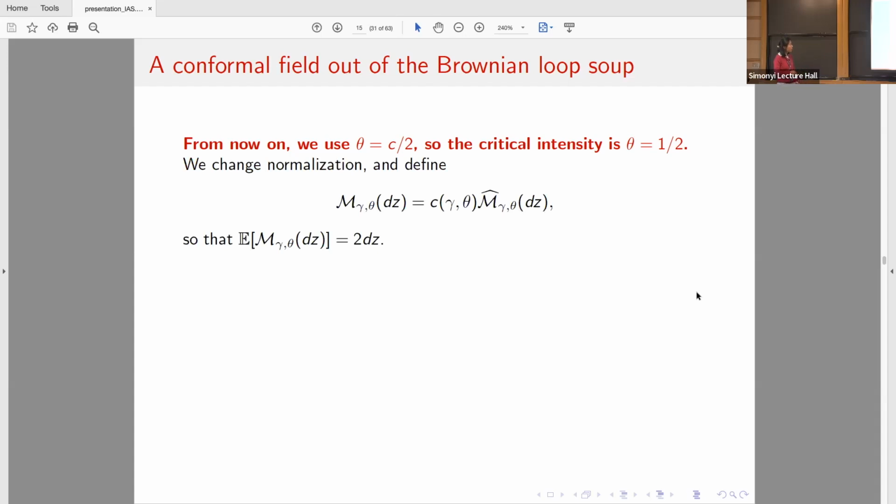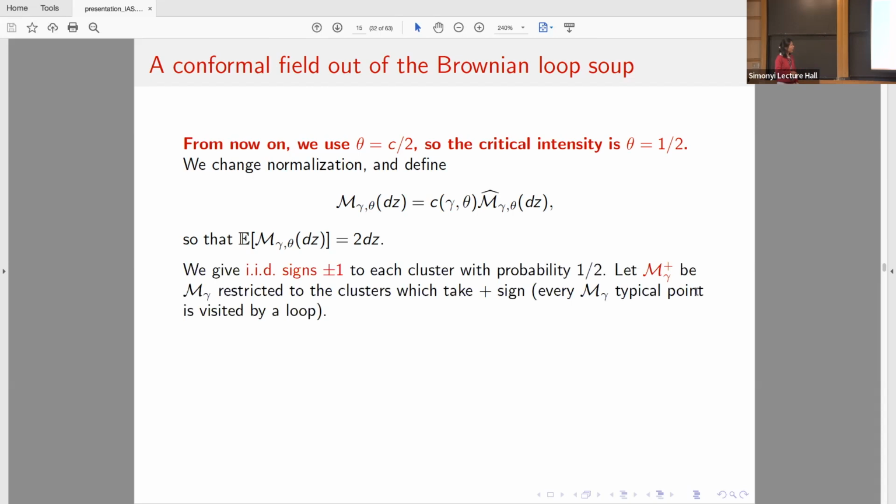We also change the normalization of this multiplicative chaos measure in a way so that the expected density of our multiplicative chaos will be constant, equal to 2 at each point. And then what we do is give i.i.d. signs plus and minus 1 to each cluster with probability 1/2. And then we define the measure M_γ^+ to be the measure M_γ restricted to the clusters which take plus sign.